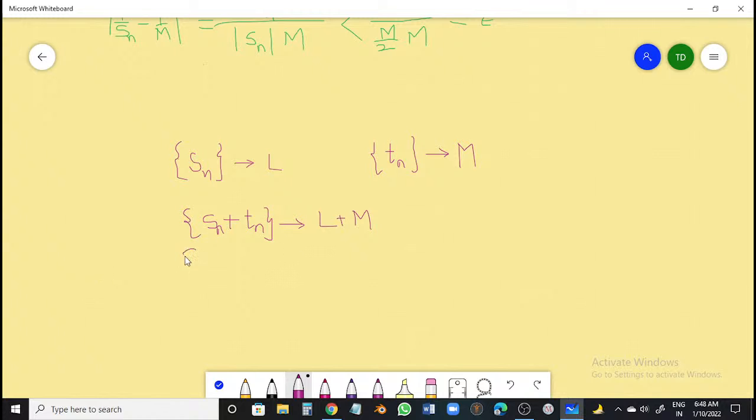If we are handling Sn minus Tn, this also we have already seen converges to L minus M.